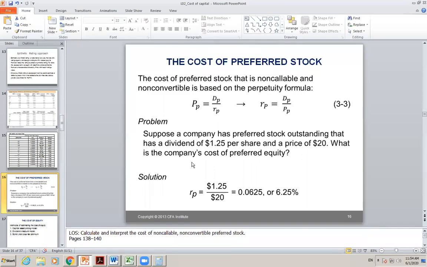But for simplicity, we'll assume there will not be any convertible preferred stocks. So this is the way that we calculate preferred stock.